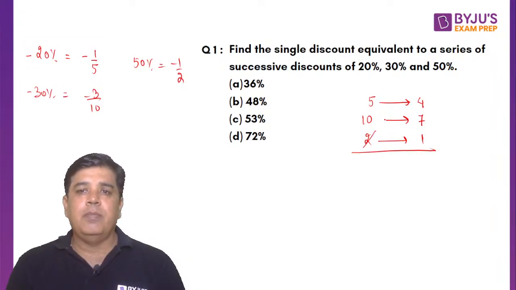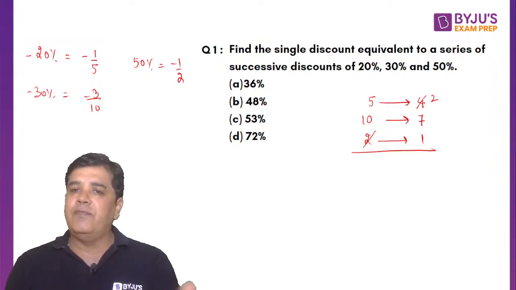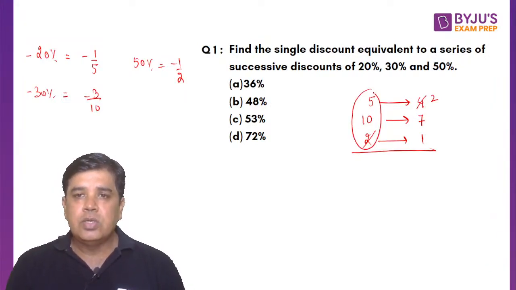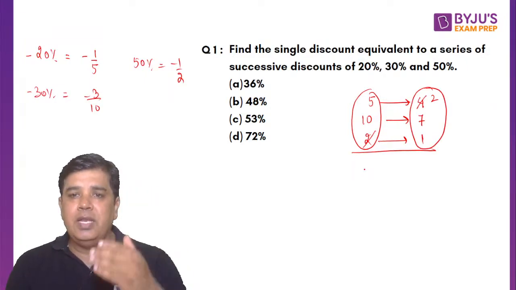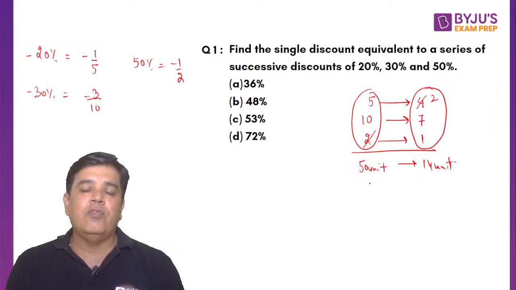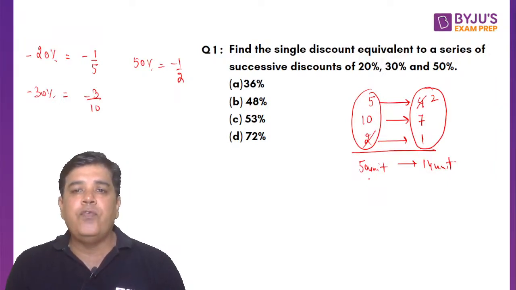Try to cancel the numbers of the right side with the left side, or the left side with the right side. Then multiply the numbers on each side, right? 5 into 10 into 1 is 50 units. And 2 into 7 is 14 units. So if the value is 50, it is becoming 14.